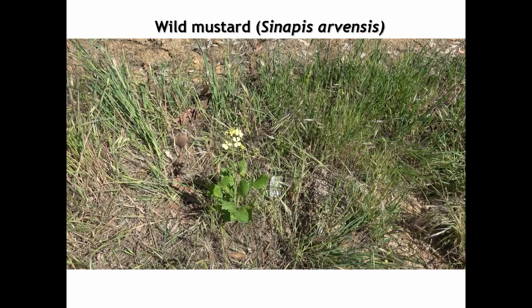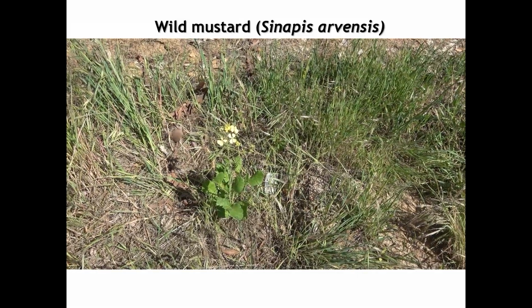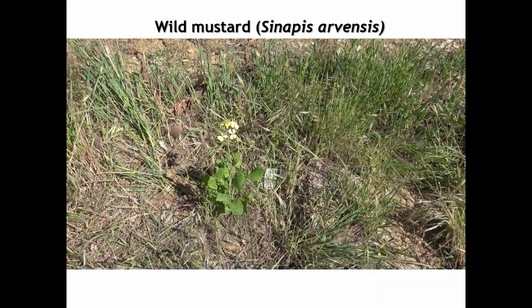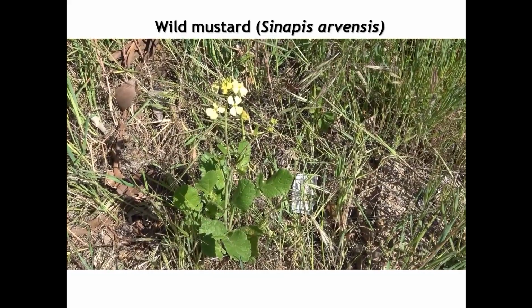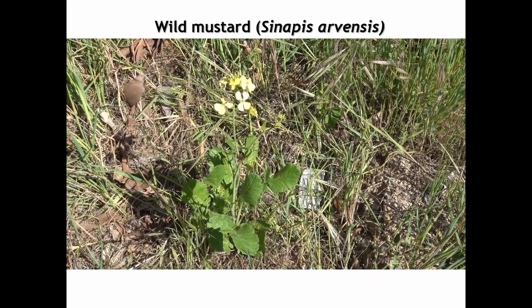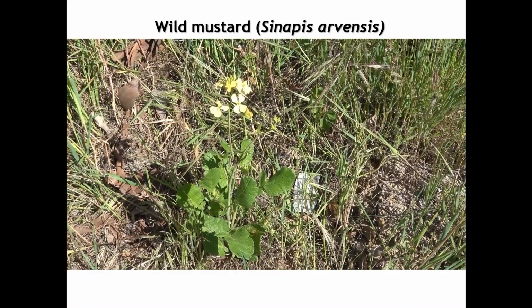Here's wild mustard, and wild mustard is not as serrated in the leaves as the previous two, shepherd's purse and London rocket. The leaves are, as I said, less serrated and broader, and the flowers are generally yellow.